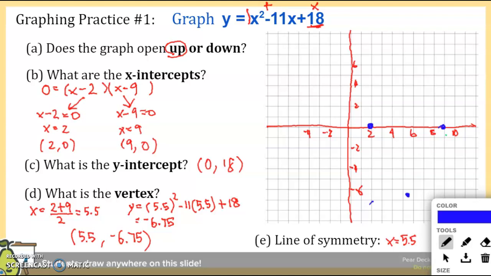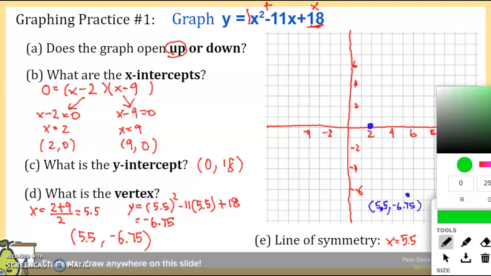So I'm going to write the vertex 5.5 comma negative 6.75. Okay, and I can draw my line of symmetry through 5.5, x is equal to 5.5, and my graphing will look like this.